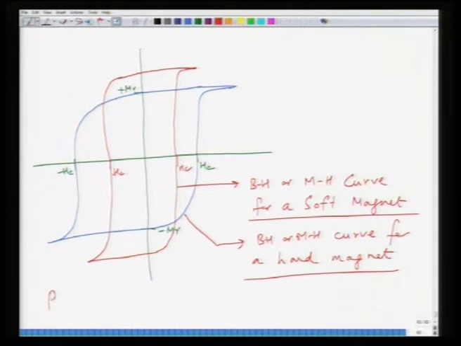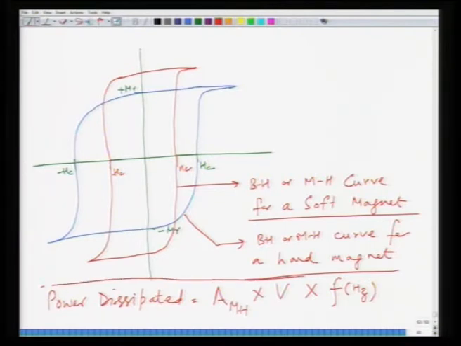The power which is dissipated, no matter what the type of magnet is, you still have dissipation of energy in the form of hysteresis. So, this power which is dissipated is nothing but the area of this MH curve, multiplied by the volume of the material and multiplied by the frequency in hertz. This gives you the power which is dissipated inside a ferromagnetic material, and naturally, the larger the power dissipated, you would tend to think that the material is a hard magnet.